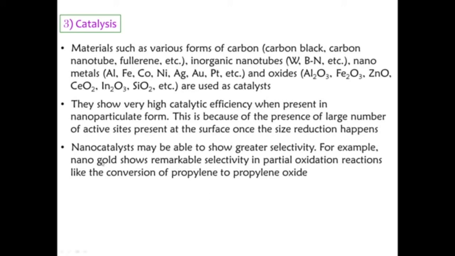For example, nano gold shows remarkable selectivity in partial oxidation reactions like the conversion of propylene to propylene oxide. So if you want to convert propylene to propylene oxide, nano gold can be used as a catalyst. So we have certain control, and certain nanomaterials can be controlled to give high selectivity in certain reactions. So now it is possible.